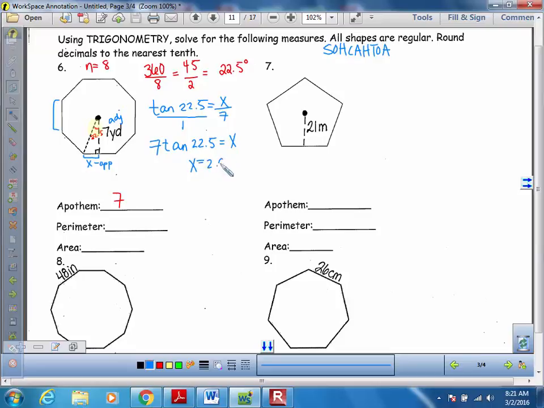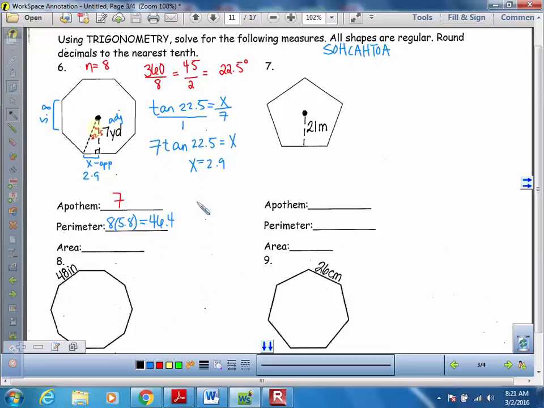And so x is 2.9. So if this half is 2.9, that means when I double it, my whole side right here would be 5.8. So I have 8 sides. Each are 5.8. So we do 8 times 5.8, which gives me 46.4.